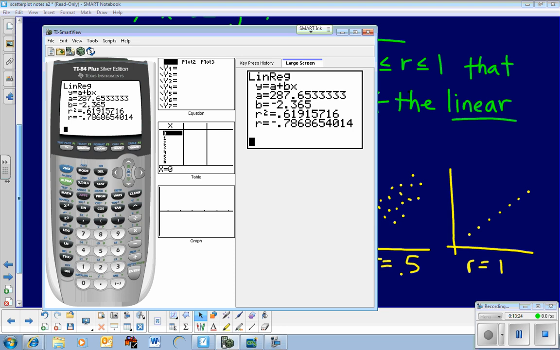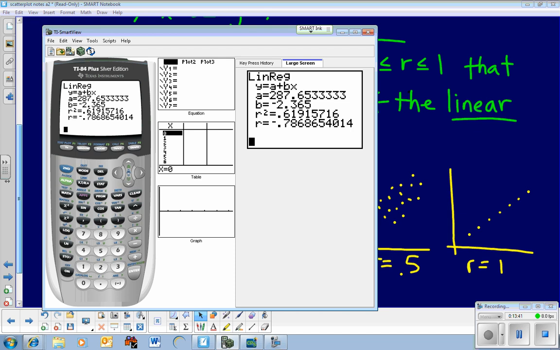So for this particular video, what you need to be able to do is input your data, calculate the equation of your line, use that line to plug in x's and or y's, which all can be done by hand, by the way. You don't have to do that in your calculator. You need to be able to find your correlation and interpret it.